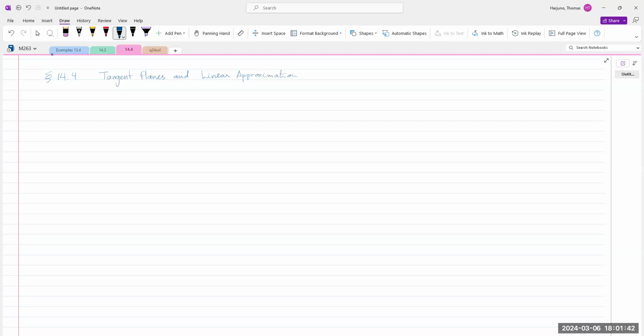You will see the continuation of tangent planes, which will give us linear approximation. The continuation of that will be the total differential.